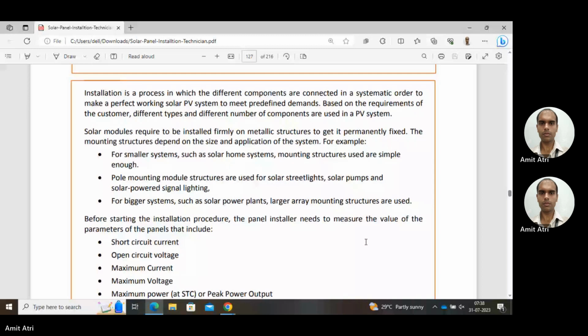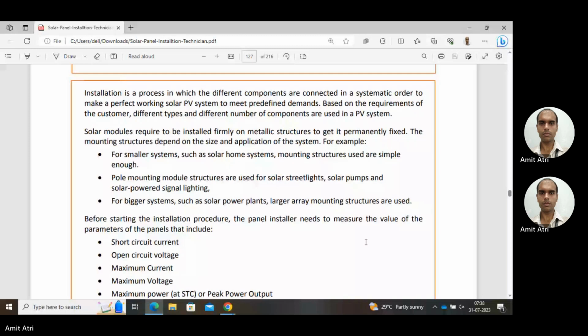Similarly for solar pump and solar powered signal lighting, in all of these cases we can opt for a pole mounting structure. Now coming to bigger systems, much larger kilowatt, 10, 100, 1000 kilowatt, maybe a few megawatt, for such solar plants larger array mounting structures are used. All of them we have discussed in our previous units, so I won't go into detail for that.